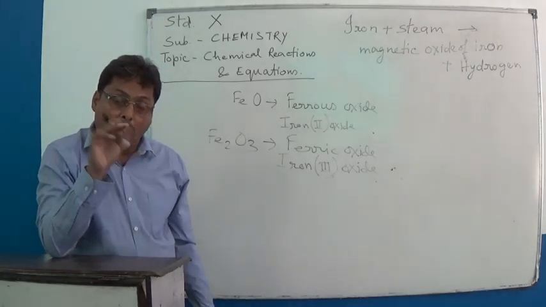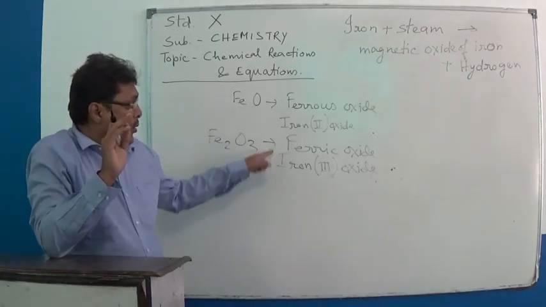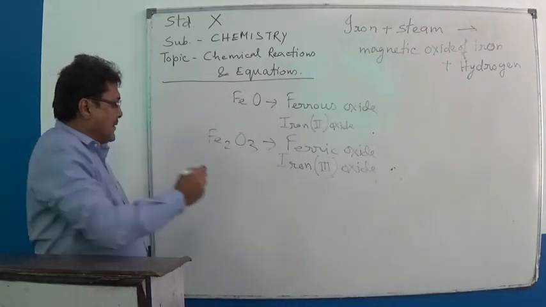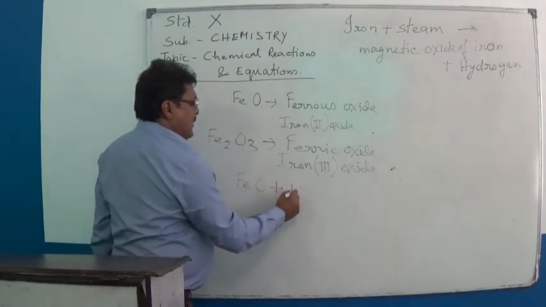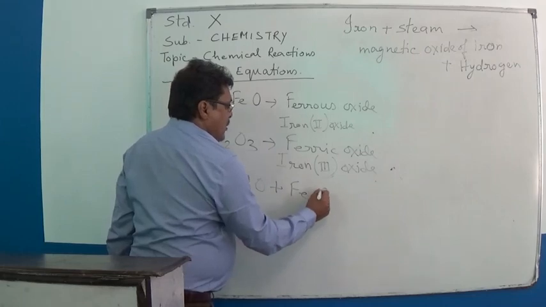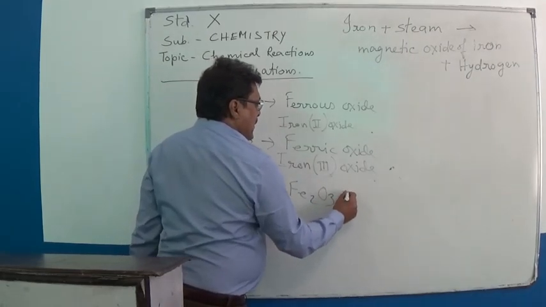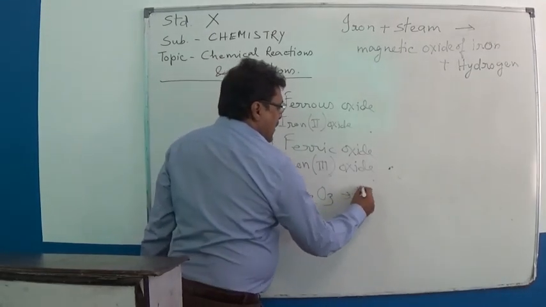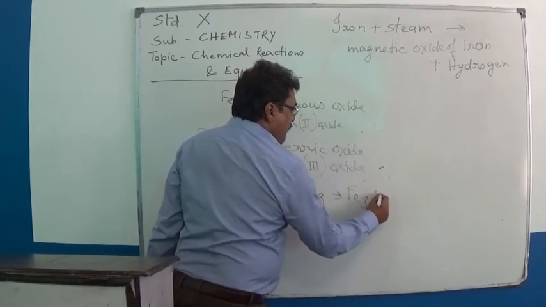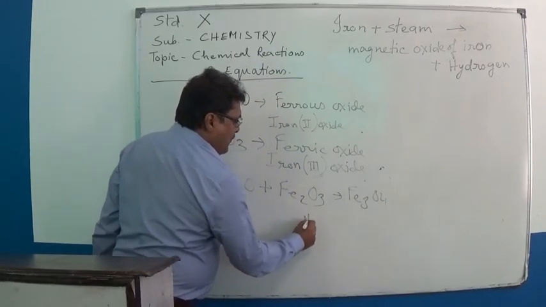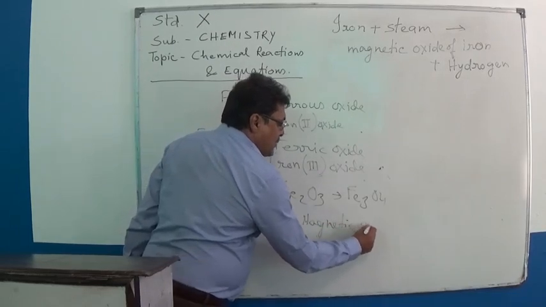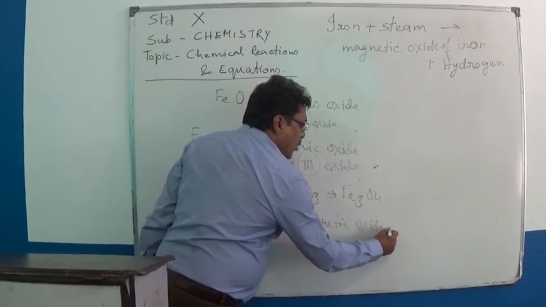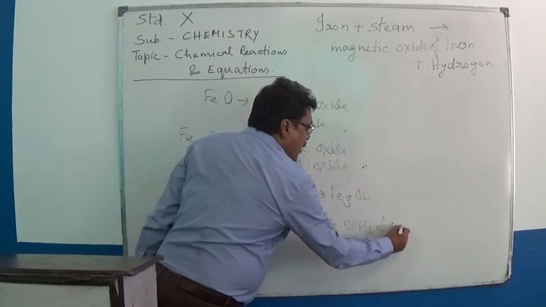Now when we combine these 2 basic oxides, that is FeO and Fe2O3, they produce Fe3O4, which we call magnetic oxide of iron.